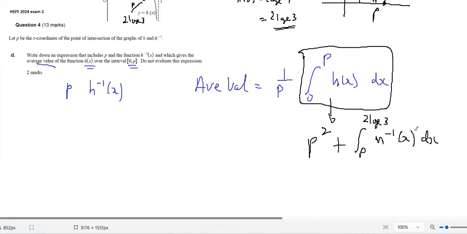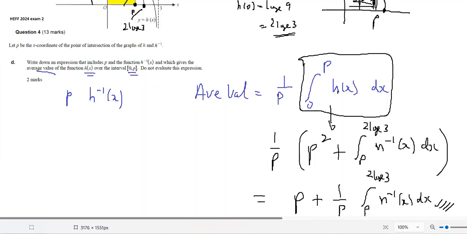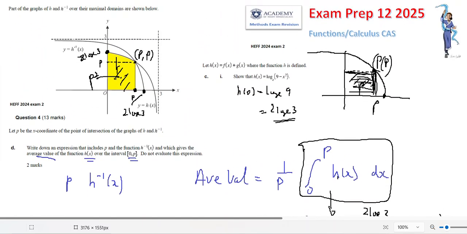And since I'm dividing all of that by P, it's going to equal P plus 1 on P, integral from P to 2 log by c of 3 of the inverse of H dx. And that's the value that represents the average value of H of X.